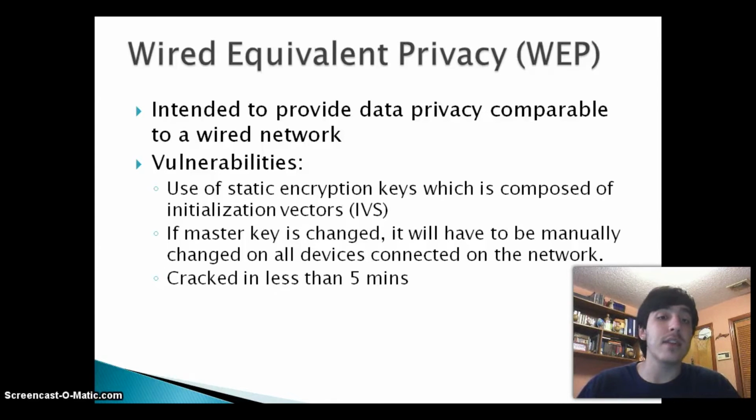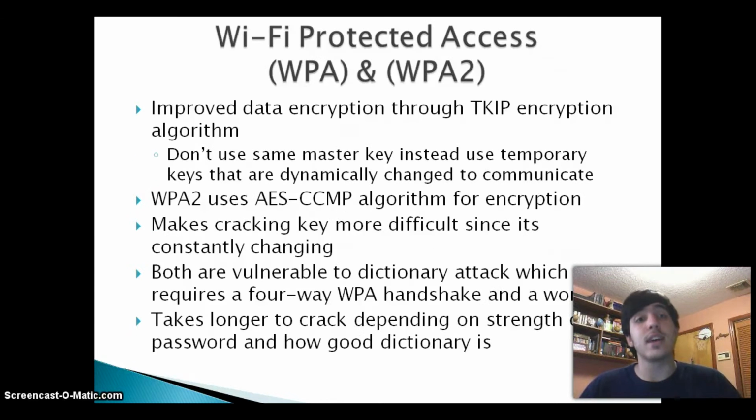Another downside of using WEP is that if you change the WEP password, then you have to change it on all the other computers. Whereas, as you can see now, we have WPA and WPA2. If you change the password on one computer, it automatically changes it on the other computers as well.